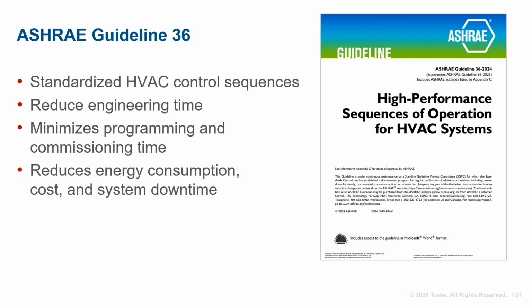The goal is substantial reduction in energy consumption, operational costs, and system downtime. The guideline promotes resilient systems by including automatic fault detection and diagnostics to provide continuous monitoring and troubleshooting. Modern control for optimizing multiple zone VAV systems can follow Guideline 36 to apply several optimization strategies.